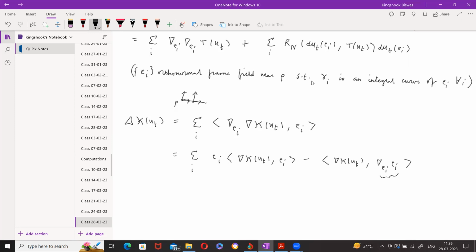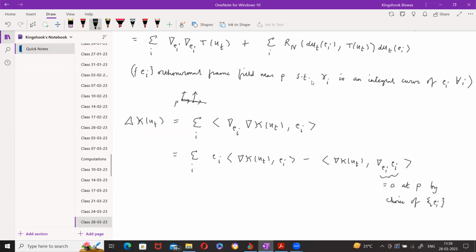This term I can assume is 0 at P, by hypothesis, by choice of EIs. We always assume this to simplify calculation. So we always choose the EIs so that their covariant derivatives at P vanish.